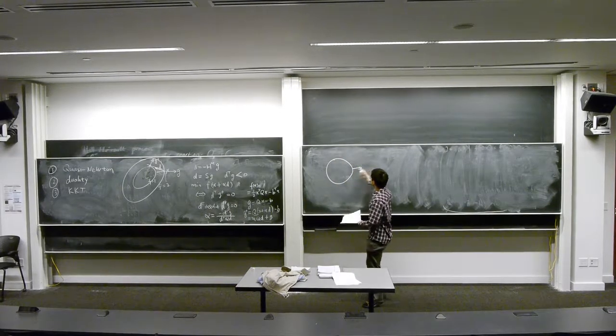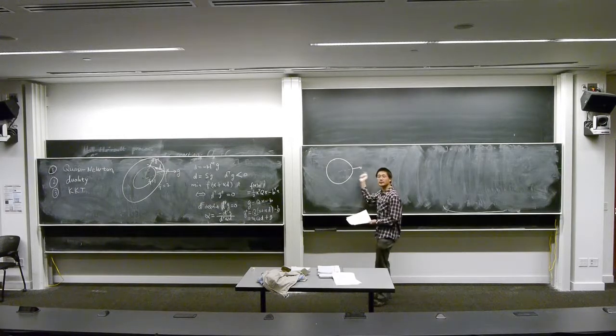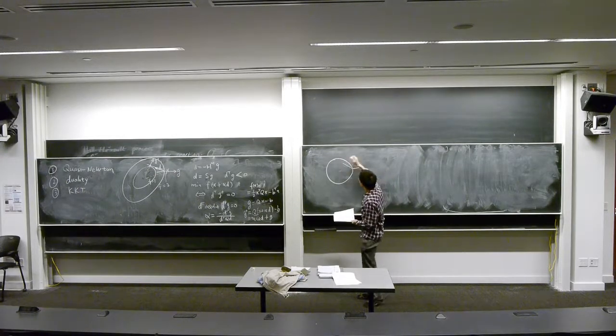My gradient is always the radial direction. So I move to this place, and then my gradient becomes this way. The difference of the gradient will be along this direction.